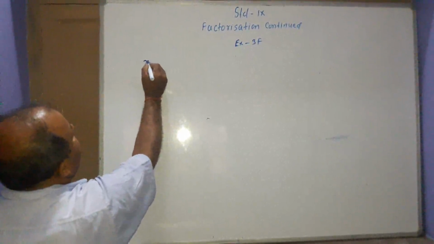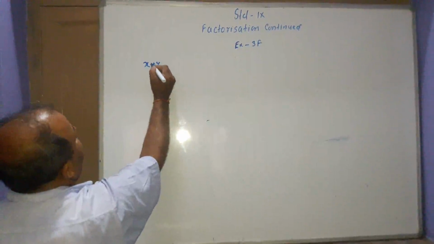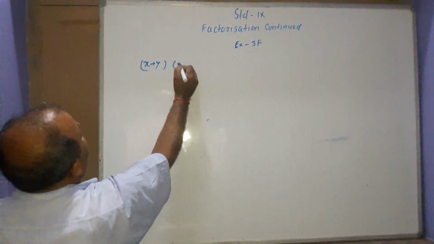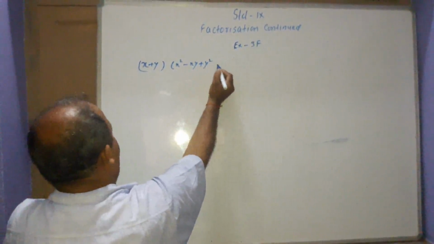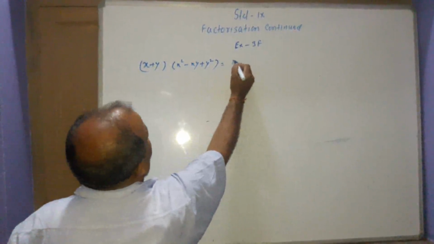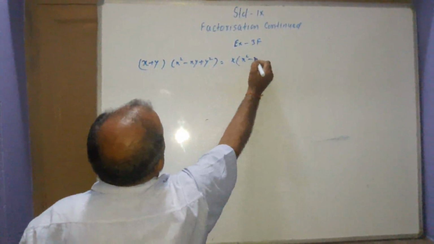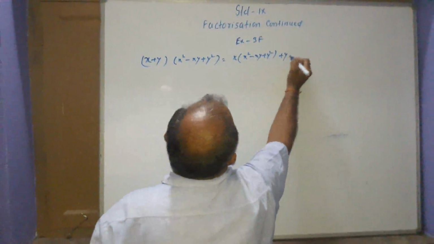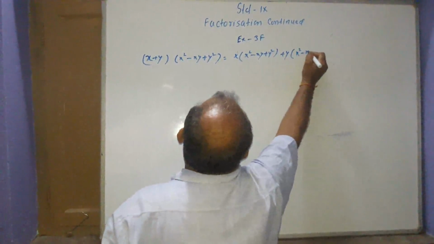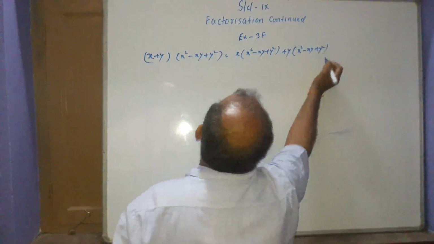First, (x plus y) into (x square minus xy plus y square). On multiplying, we get x into (x square minus xy plus y square) plus y into (x square minus xy plus y square).